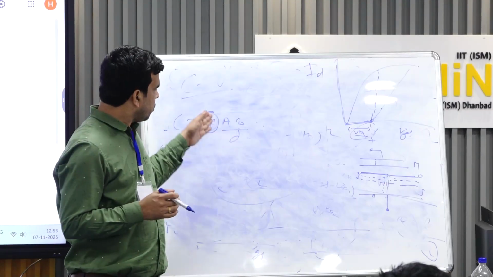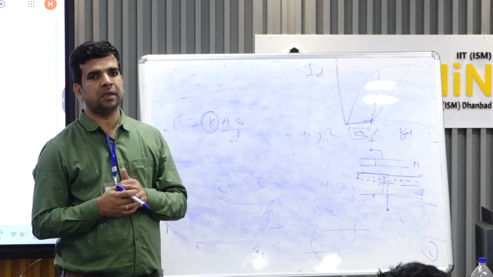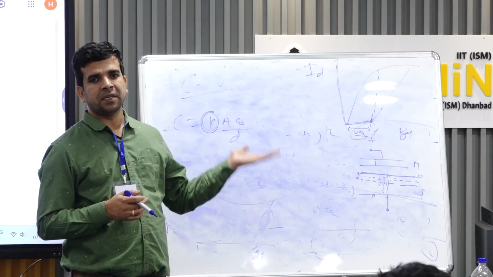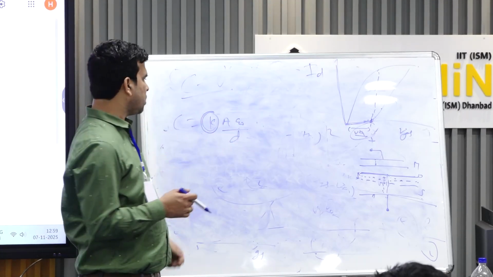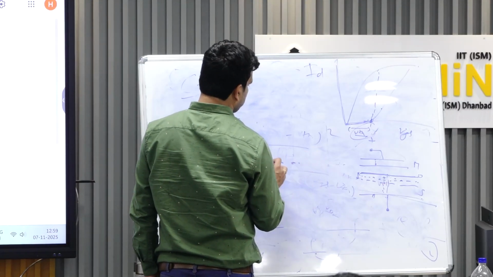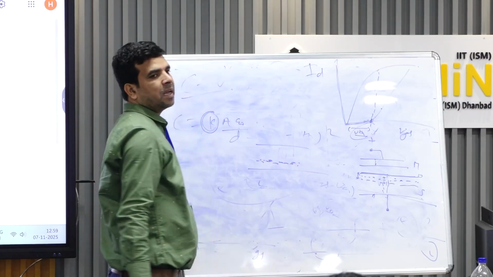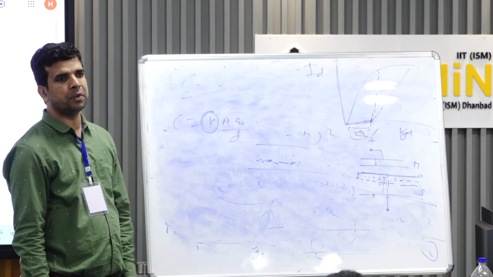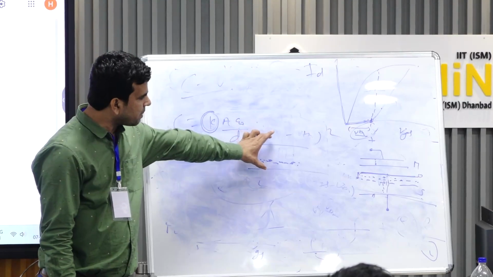Fine. If you go for certain advanced methods, then you can find out what's called trap charge, ions, and other things also. Because if you have any oxide, let's say there are some electrons trapped in it, it will impact your overall capacitance.